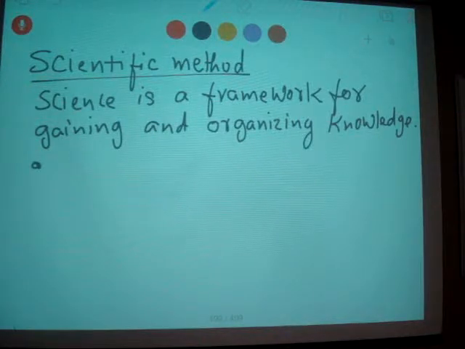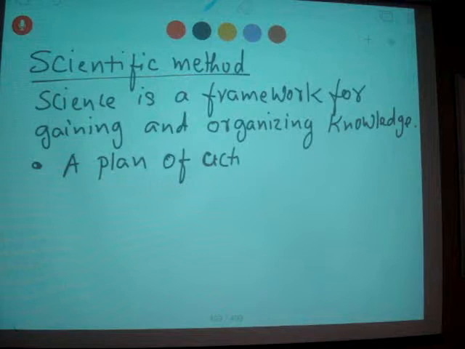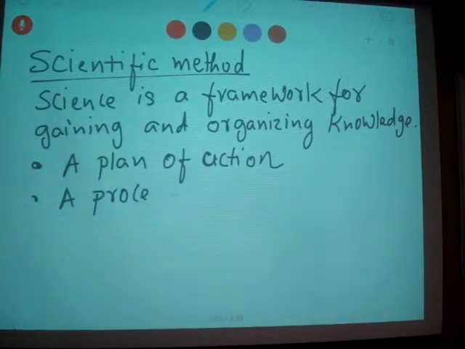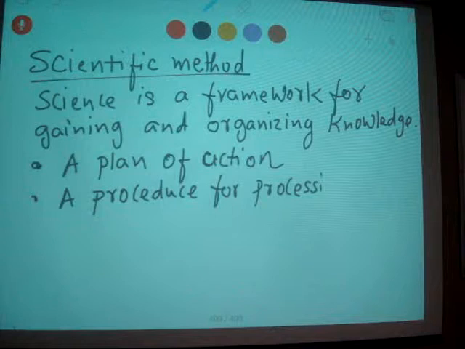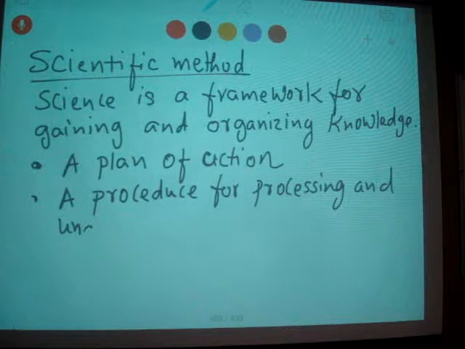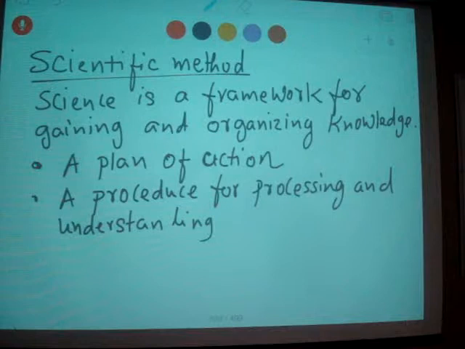So it's basically science is a plan of action. It's a procedure for processing and understanding certain type of info.